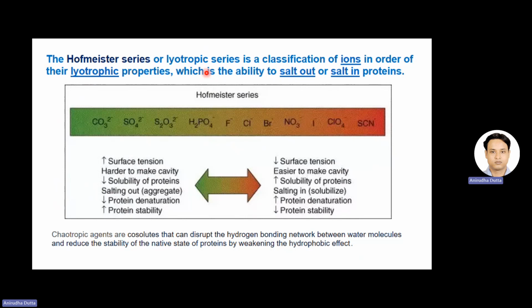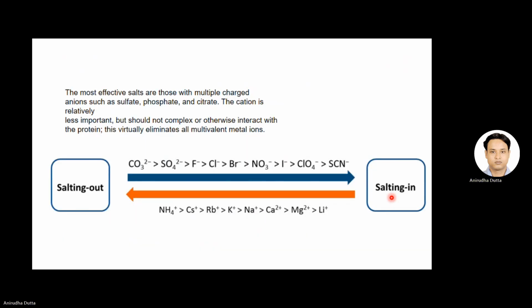These are the salts that denature protein. So we don't want to use any chaotropic agent for salting out, because that denatures the protein. It disrupts hydrogen bonding and destabilizes the protein structure.